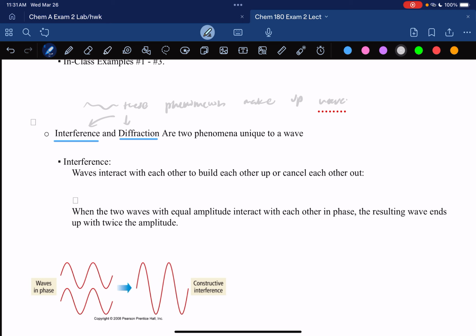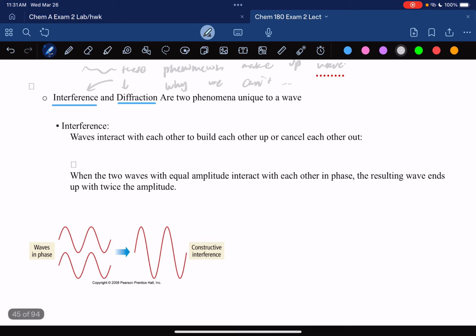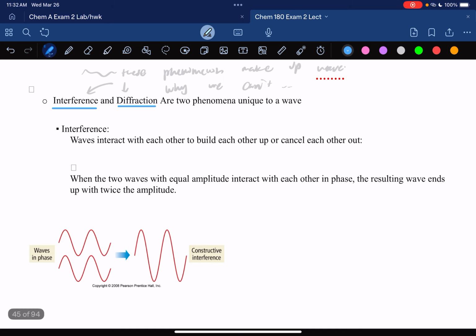So a set of waves interfere with each other to build each other up or cancel each other out. As I show in here, when two waves, wave 1 and wave 2, come in, if the two waves have equal amplitude, meaning that this part is the same, the same amplitude, the resulting wave, when two waves of the same kind come in at the same frequency and wavelength.